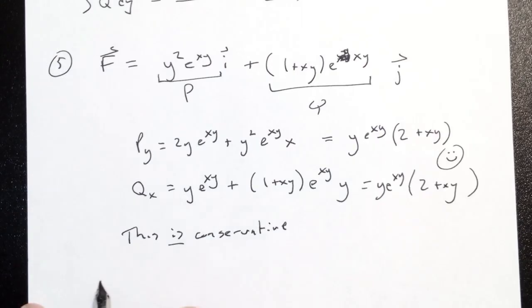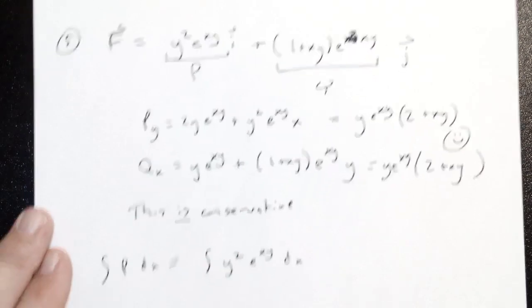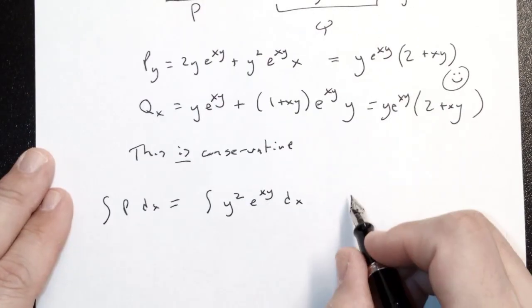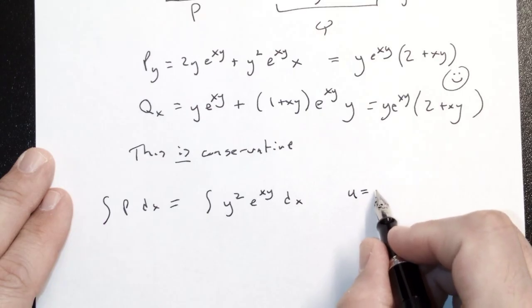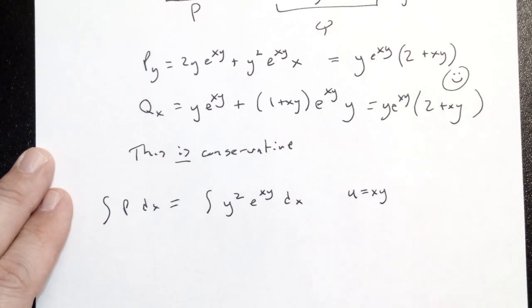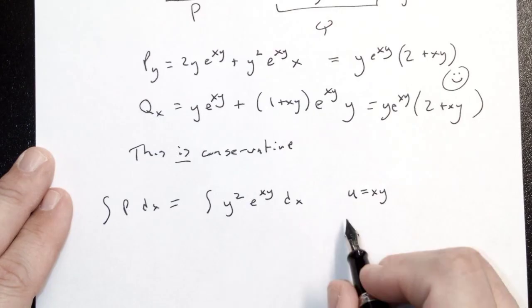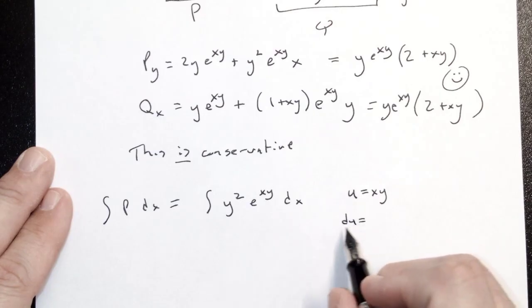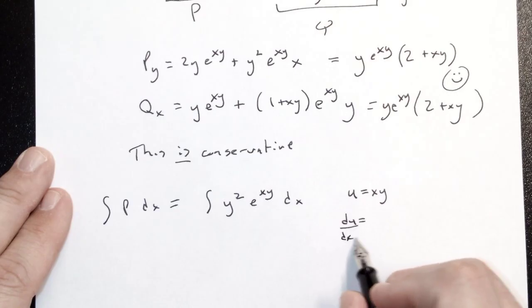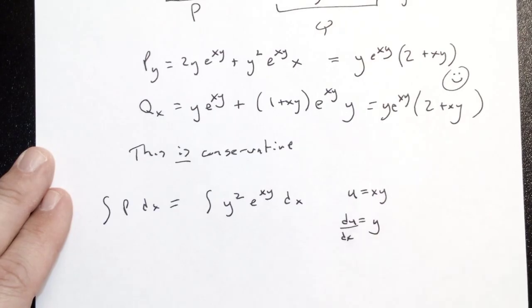The integral of P with respect to x is the integral of y squared e to the xy dx. Oh, wait a second. It's not as bad as I think it is. This is e to the stuff. If I let u equal x times y, remember I'm doing my integral dx, then du with respect to x, I just get a y.